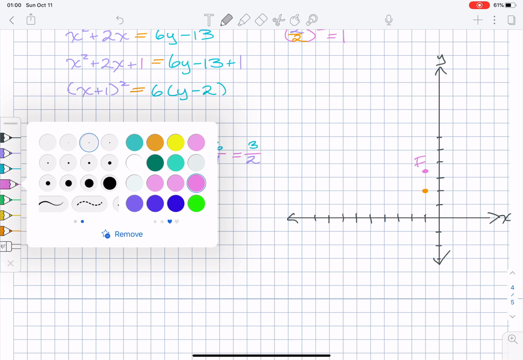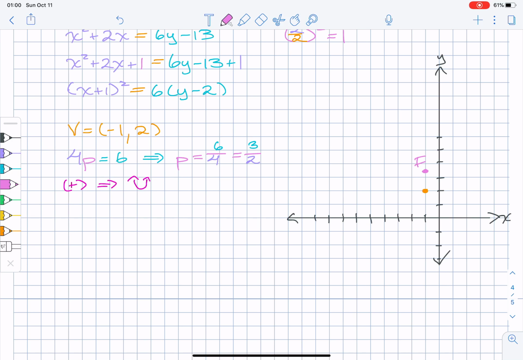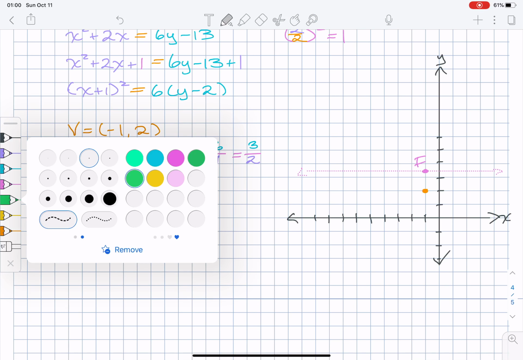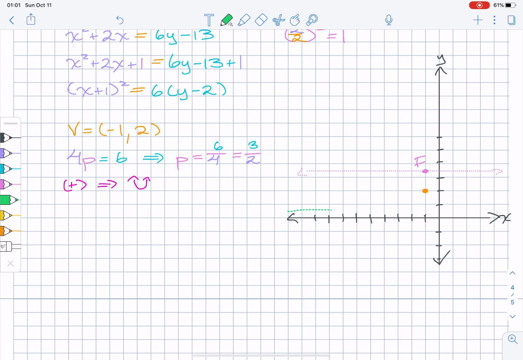Now there's going to be a line through 3 halves there, 3 halves up, which is the latus rectum. There's going to be a line 3 halves down, which is the directrix. 3 halves is 1.5, so there we go.